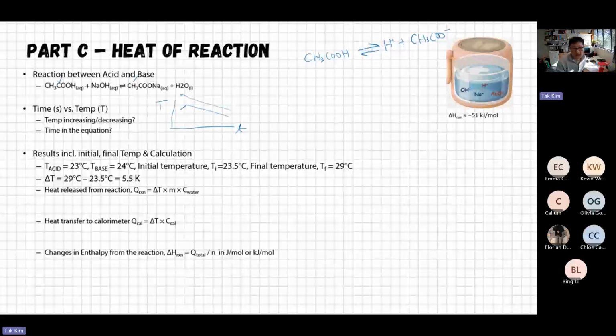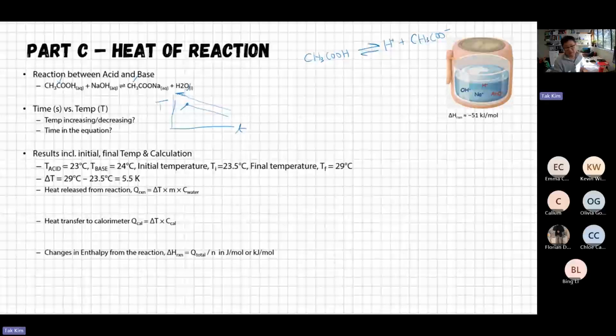It doesn't matter how the graph looks like, as long as you find out the maximum temperature you observe. If your maximum temperature is at the beginning, use this temperature. And if your temperature was going up and down, use the temperature at maximum. That is what you need to do.